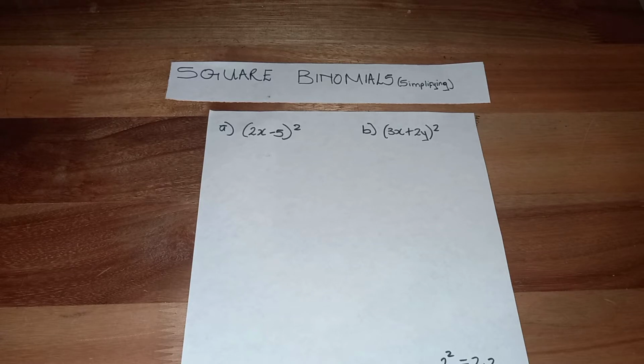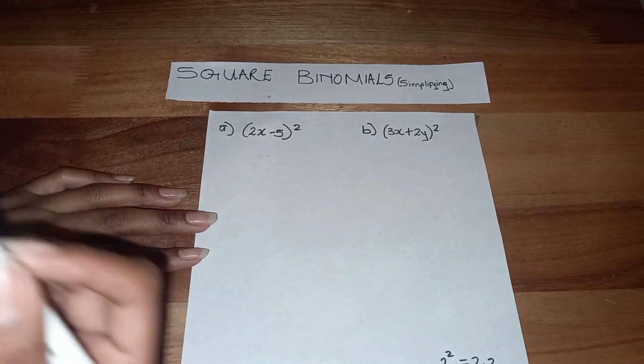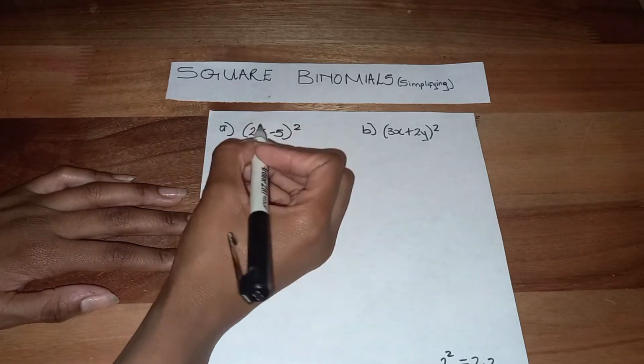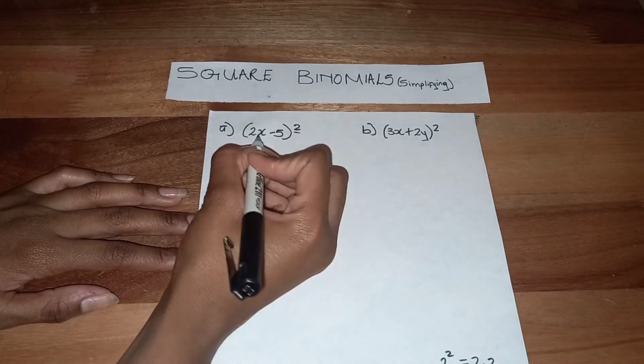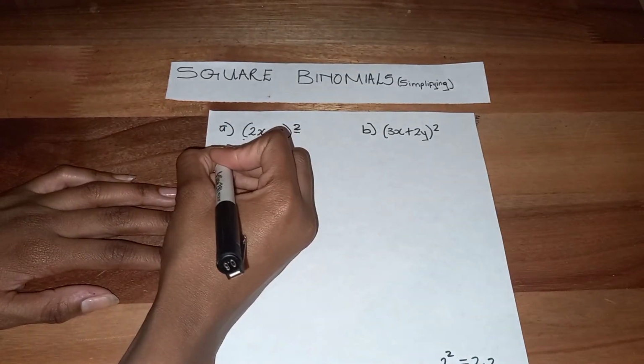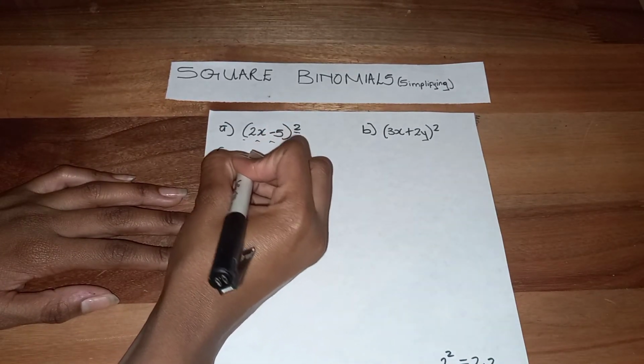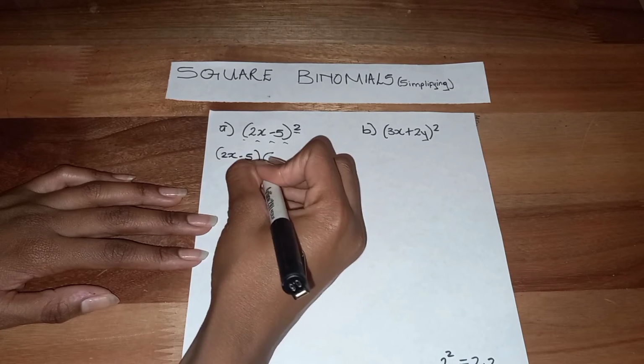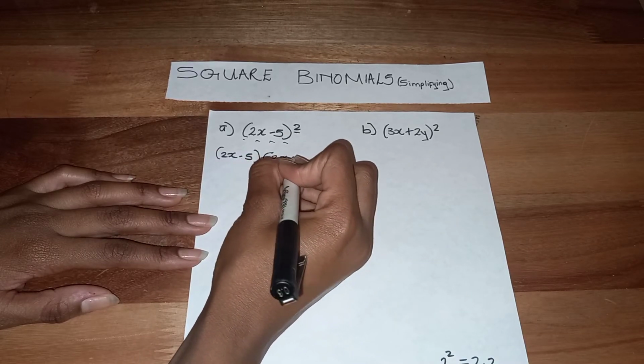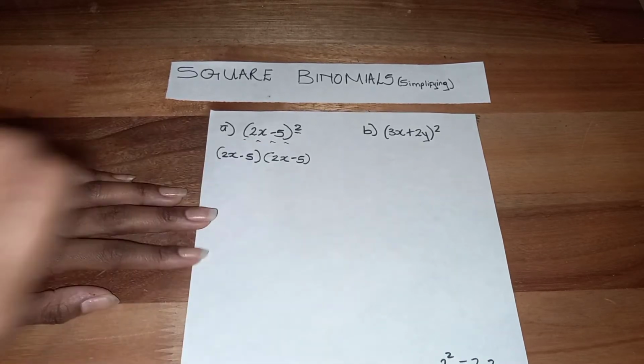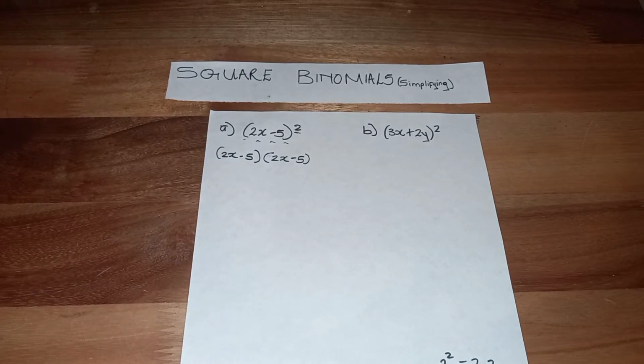The normal way we know, the FOIL method, is that this squared means this bracket two times. I'm going to show you the old method that we know and the other method that you can use to be quicker in your exams.